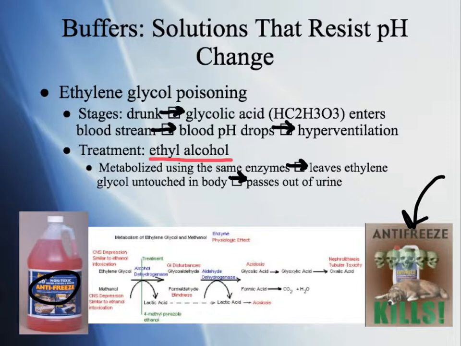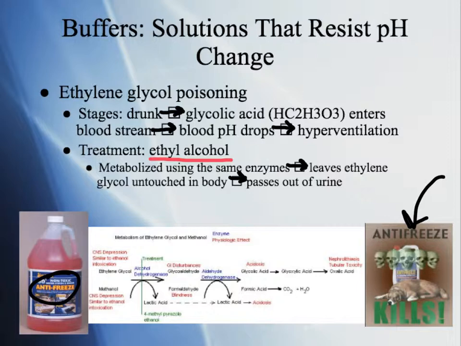And that's better than if it was turned into this horrible acid that makes your blood pH drop. So it leaves ethylene glycol untouched in your body, and your body just filters it through the kidneys and out your urine. It's kind of weird.